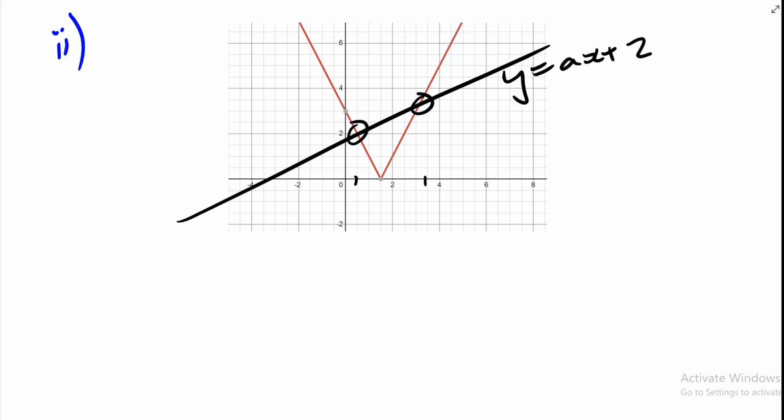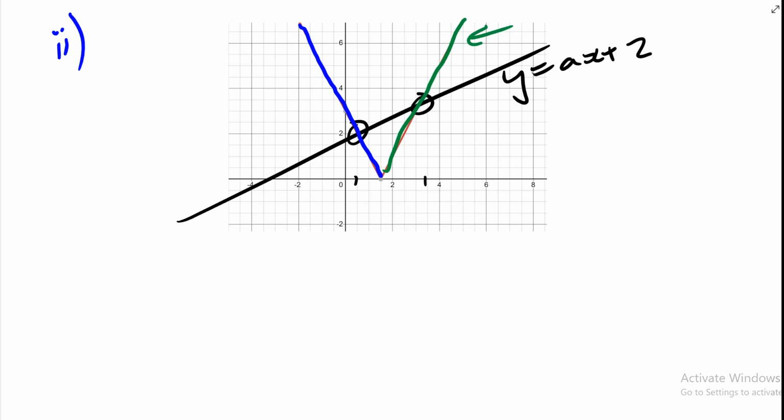Well, let's just take this section over here. Let's do this line first because it's easiest.